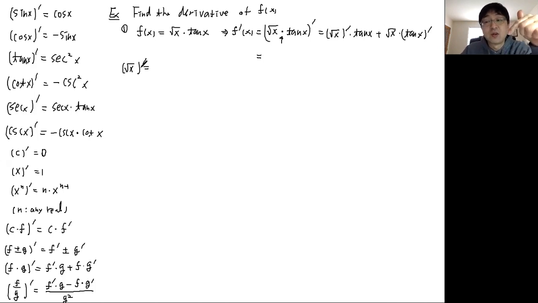You can change the radical to an exponential. The root x is x to the 1 over 2, prime. You can use the power rule. The 1/2 power comes down, x to the power 1/2 minus 1. So we have 1 over 2 times x to the negative 1/2.